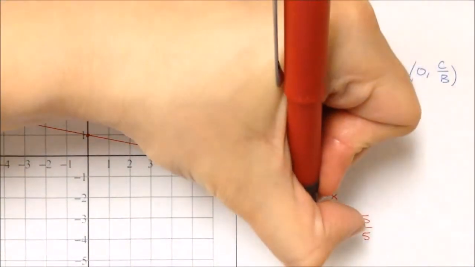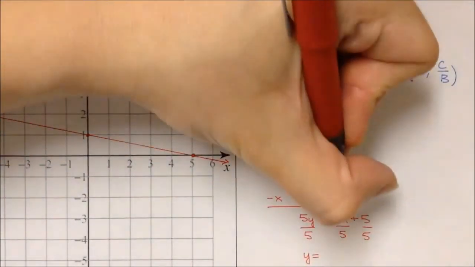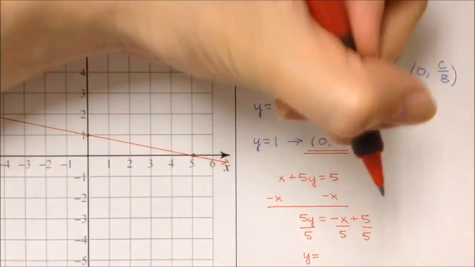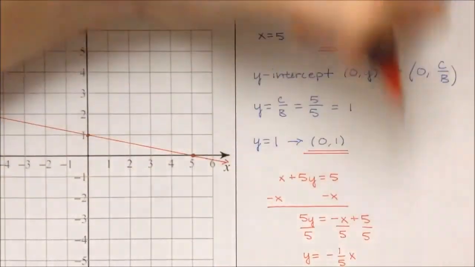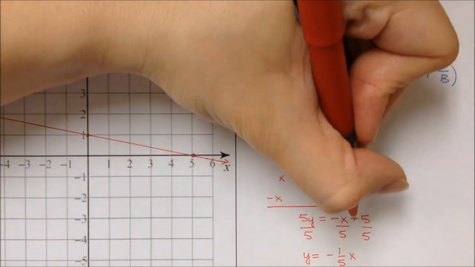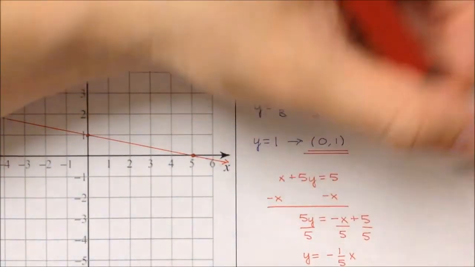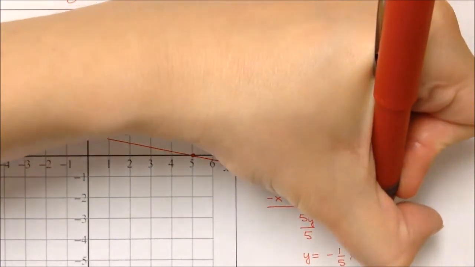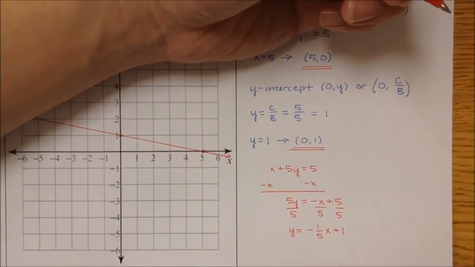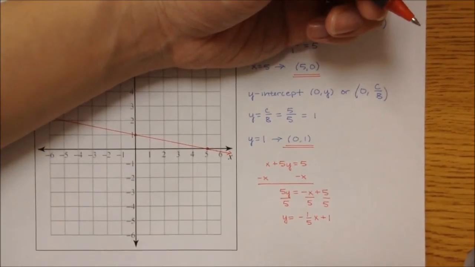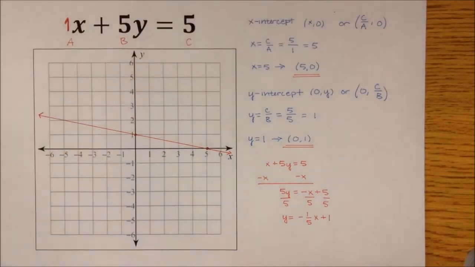So I'm left with y equals, so since it's a negative x over 5, it's just simply negative 1 over 5 x, and it's positive 5 divided by positive 5, so it's just going to be plus 1. So that's our slope-intercept form. Y equals negative 1 over 5x plus 1.